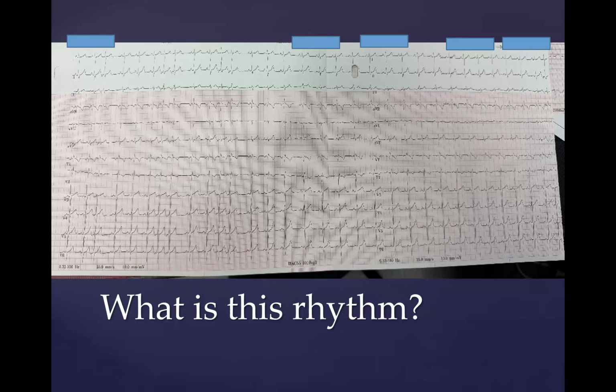I think at age 6, the chances that it's going to go away spontaneously are relatively low. Generally speaking, when it comes to automatic arrhythmias in children, the younger you are when you present with one, the more likely it is that it's going to spontaneously regress.